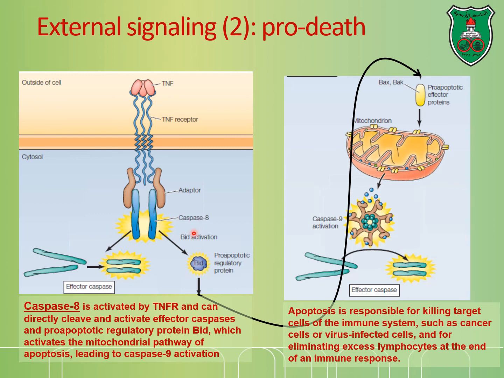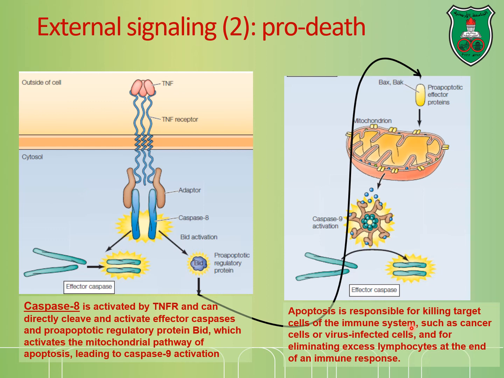Caspase 8 can activate effector caspases, or it can activate a protein known as BID. Now, BID is a pro-apoptotic protein that would activate BAX and BAK. These two would form the oligomer channel, resulting in the release of cytochrome C, activation of APAF, and activation of caspase 9 and caspase 3, and so on.